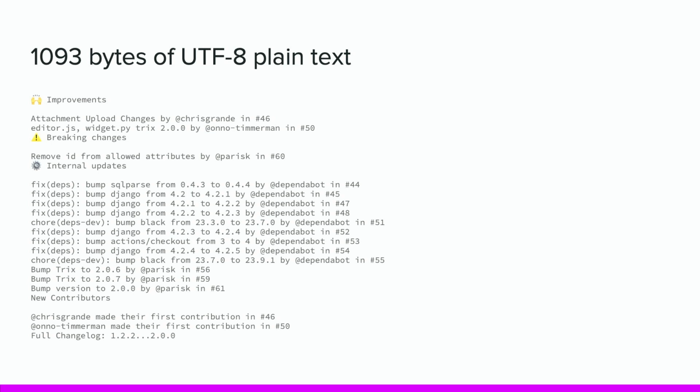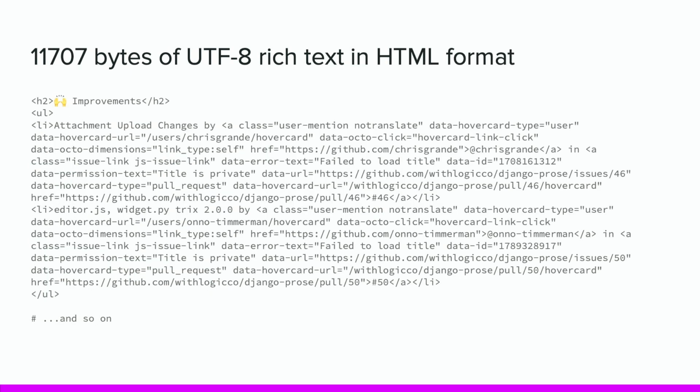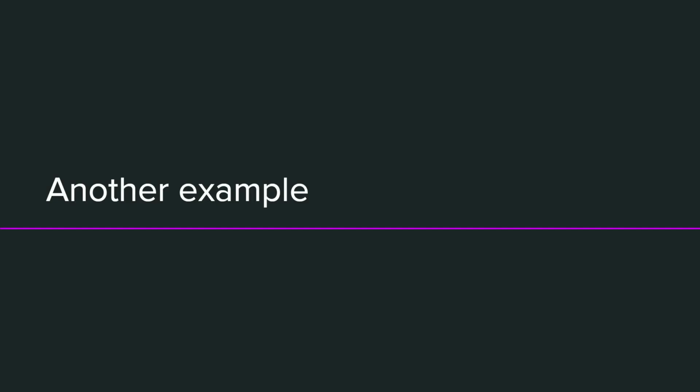Good. If we take the rich text part, the HTML content of it, it's 10 times bigger. It's 11,000 bytes, 11 kilobytes, which, as you can see, is the HTML here. It has quite a lot of tags that don't make sense for us to store if we want to just display this thing. And it's just 11 kilobytes. It's not a lot, but if this gets bigger and bigger because we have articles, documents, and all that stuff, you don't want to mess with it.